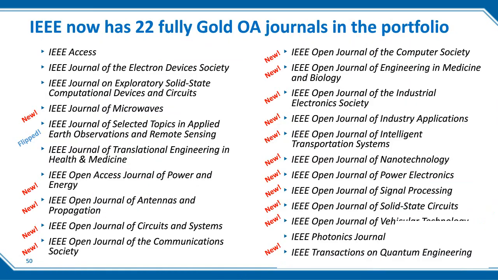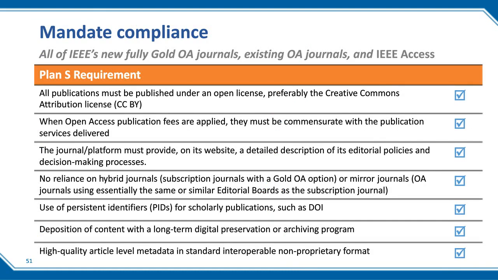Right now we have 22 fully gold open access journals. We have some more that are expected to come in the next year, and all of our fully gold open access journals are fully compliant with Plan S and other mandates that have been coming around. And so that has been a big focus for us.